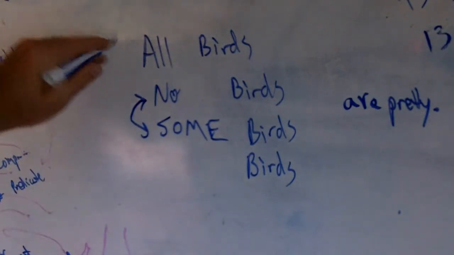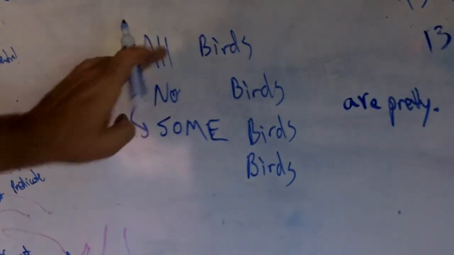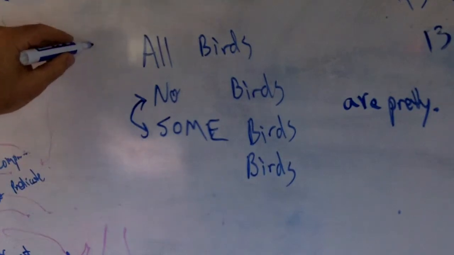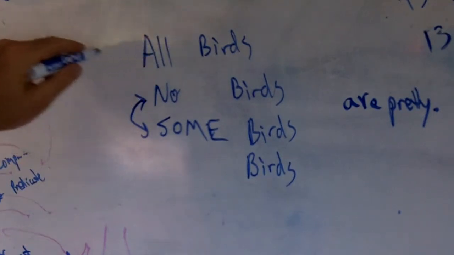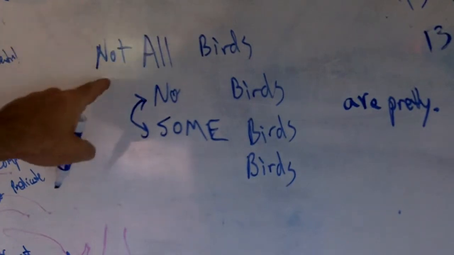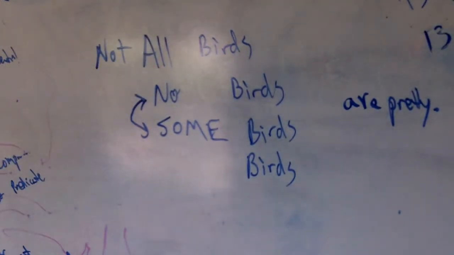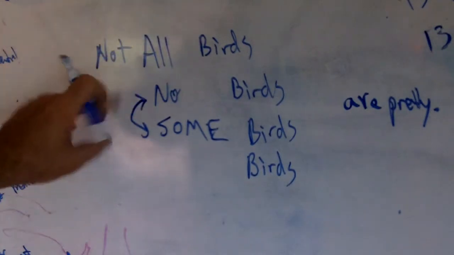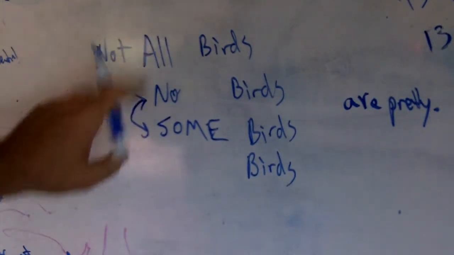And to form the contradictory of the universal positive distribution is to contradict the positive distribution: not all. So those forms will give you the sets of contradictories.